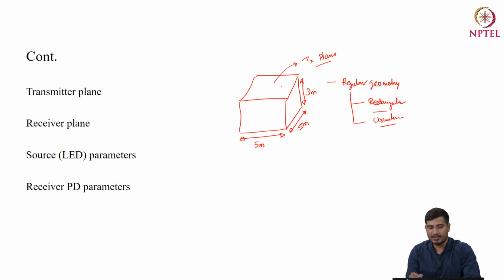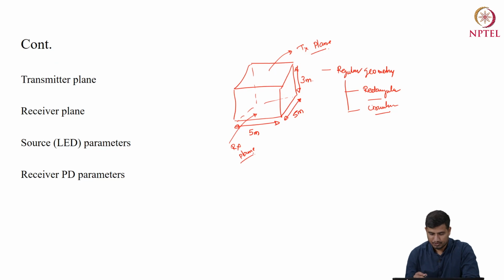So this ceiling in an indoor VLC system behaves as a transmitter plane. Similarly, this floor we will consider as the receiver plane.